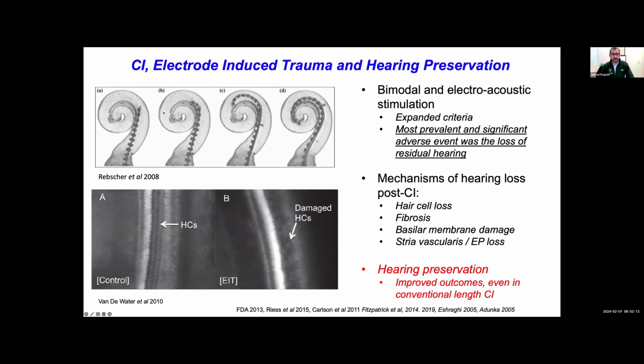These are some micro CT images from quite a while ago, showing a cochlear implant array being inserted. What you see over here is that as the surgeon is introducing it, they're hitting some of the sensitive neural structures.